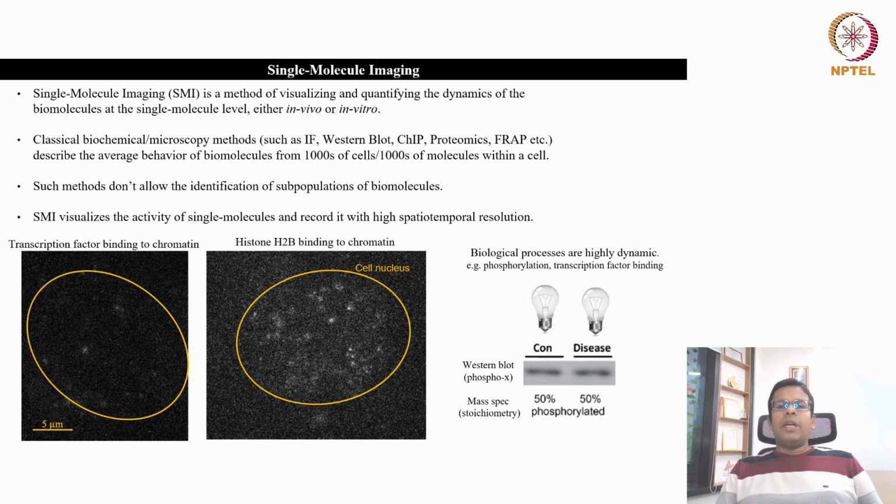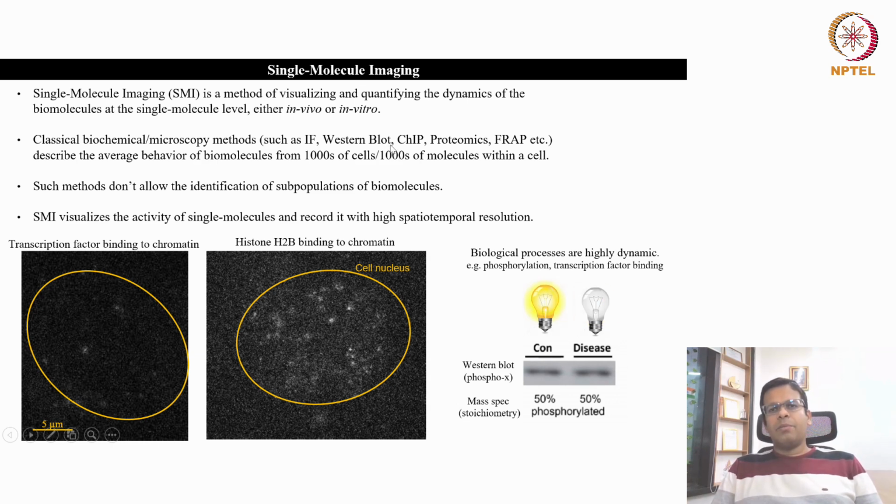Why? Because you take thousands of cells, lyse them, and get the protein extract, which you use for Western blotting or chromatin immunoprecipitation to quantify how much protein is there or how much protein is phosphorylated. So it's basically the average.